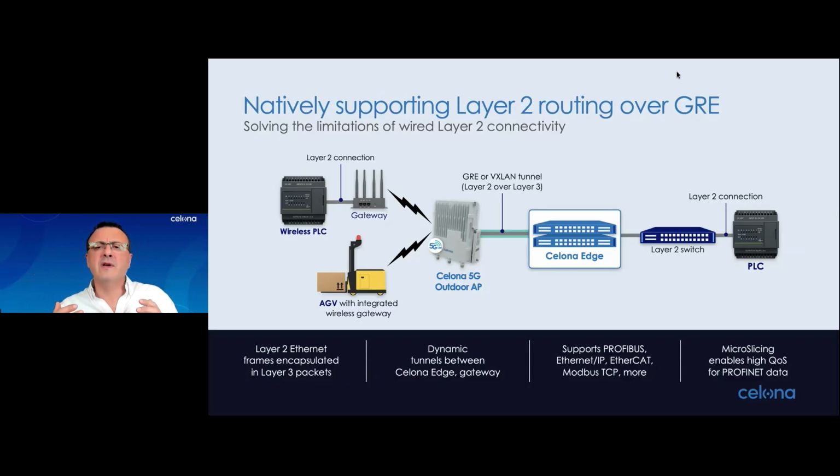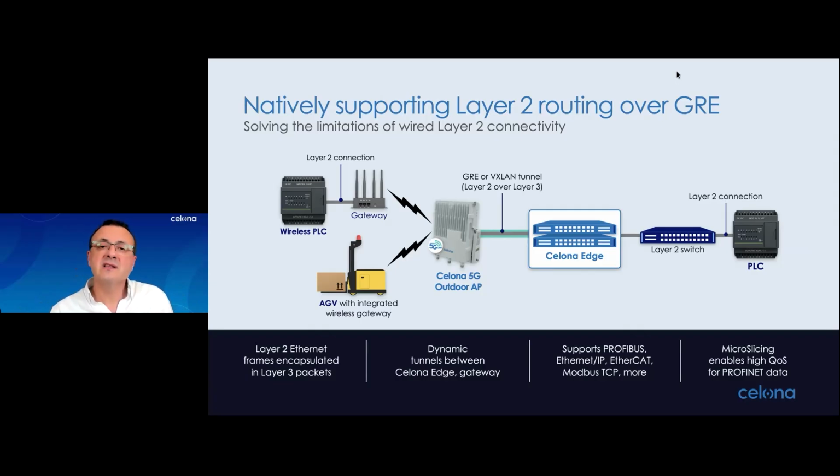But what we have seen is a demand for this, and at Celona, we support all of these kinds of layer 2 use cases through layer 2 tunneling over the private 5G network using mechanisms like GRE and VXLAN. So we essentially carry the layer 2 Ethernet frames encapsulated in layer 3 packets, because 5G is inherently a layer 3 technology, but with the tunneling, we're able to carry these layer 2 Ethernet frames in this layer 3 network.